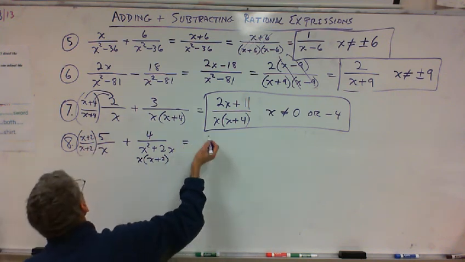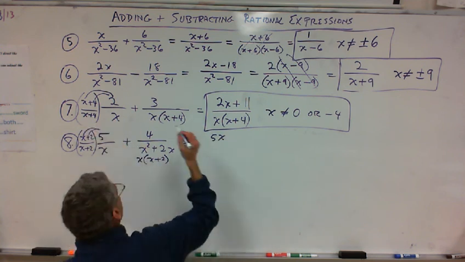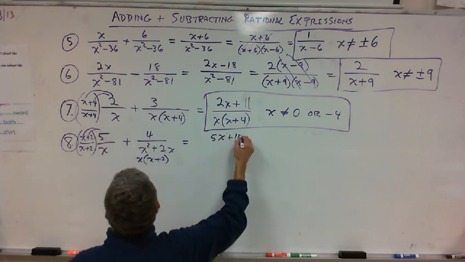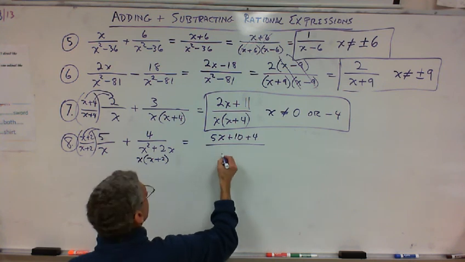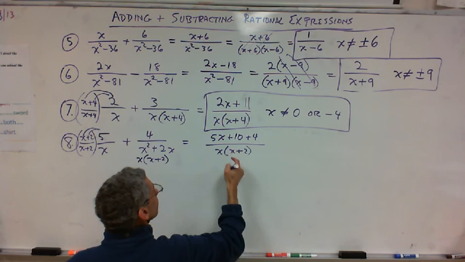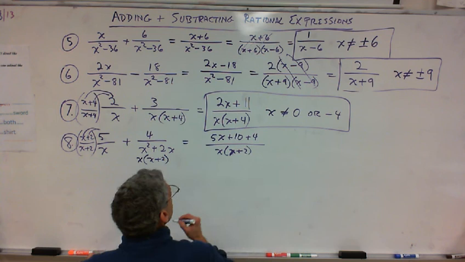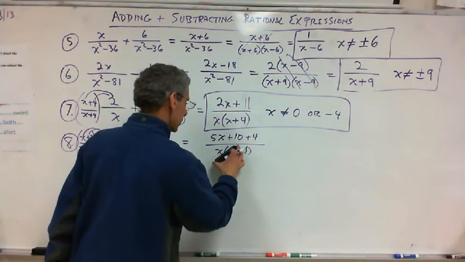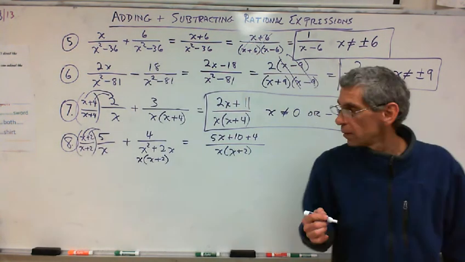Which means I have 5x, distributive property, plus 10, plus 4, all over x times x plus 2. It's worse and worse. Okay?